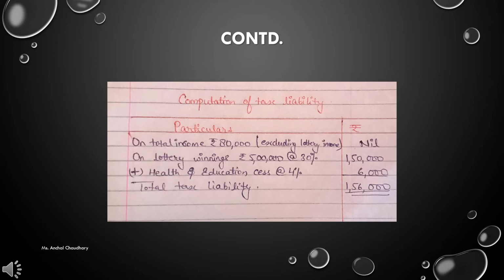So here what we have done is that first of all we have computed your total income excluding your lottery winning, because they are having a different taxable percentage.